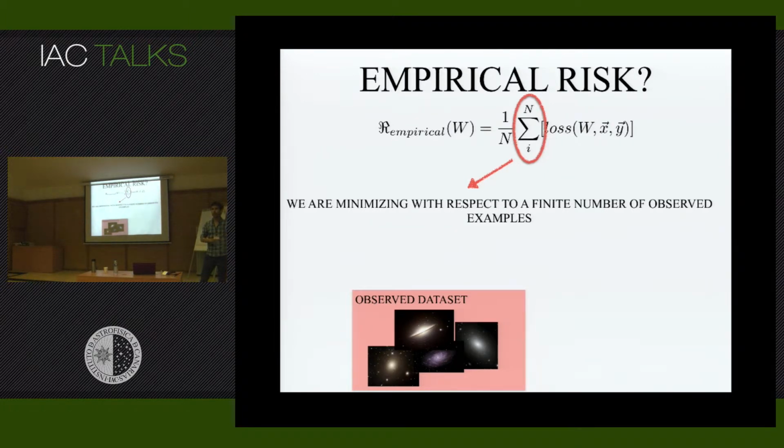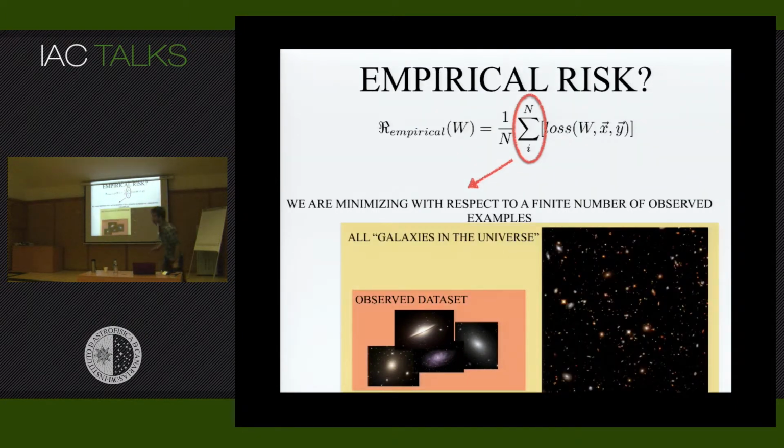You need to always have this in mind, because this is a very important bias of machine learning. If you have an observed data set, and you use it to generalize to the whole universe, we know that astronomy is particularly sensitive to biases and selection biases. You need to be very careful about this when you apply machine learning. Let's put a stupid example: if you want to do galaxy morphology, and you take a data set where you go and you point at Virgo.